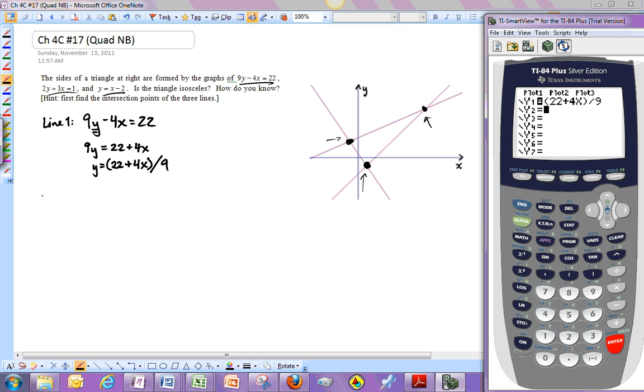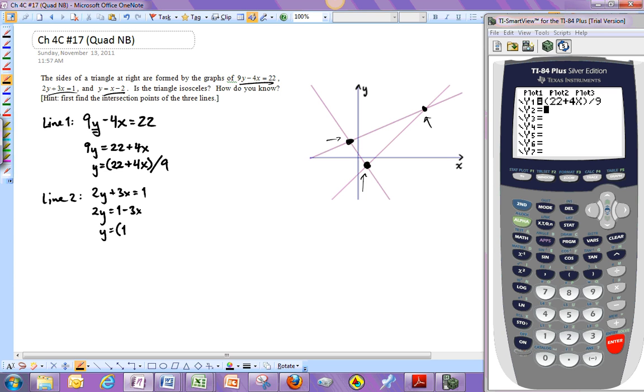Okay, so line 2 is 2y plus 3x equals 1. So let's get y by itself. 2y equals 1 minus 3x. And then if I divide everything by 2, I end up with this formula here.